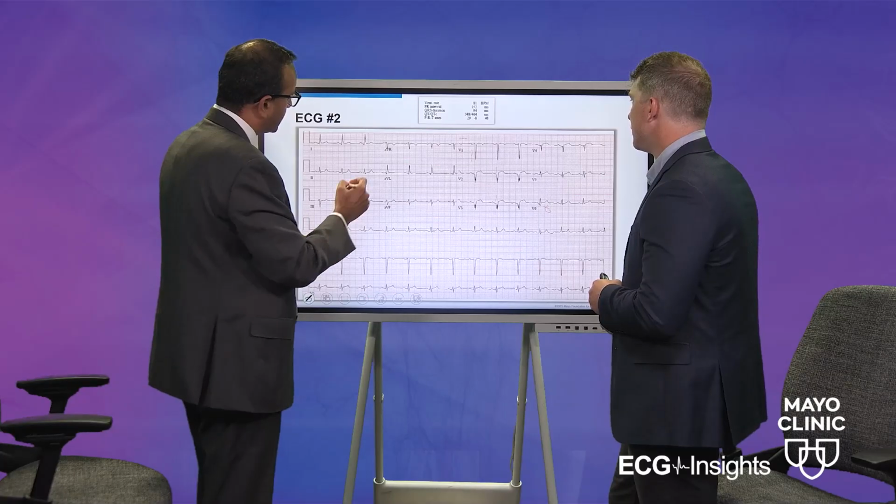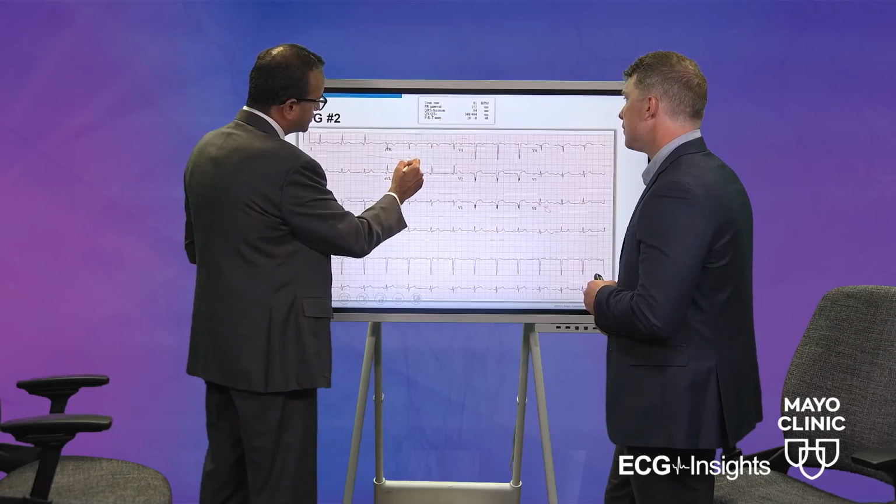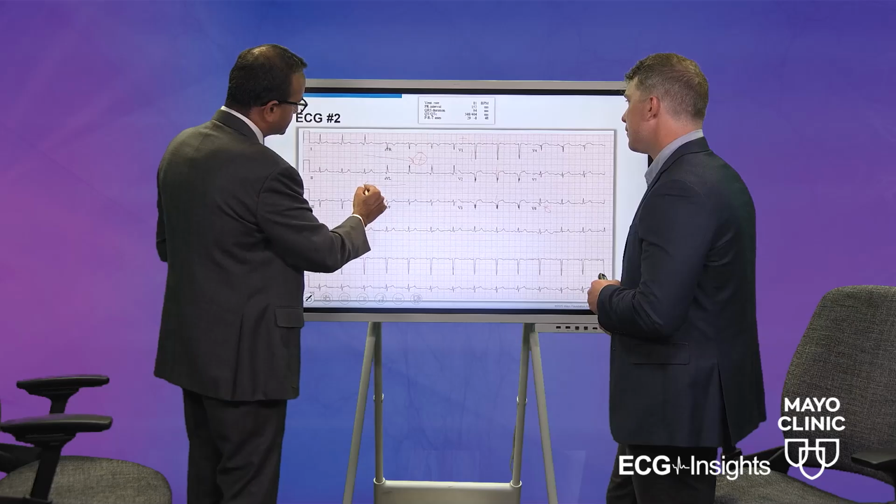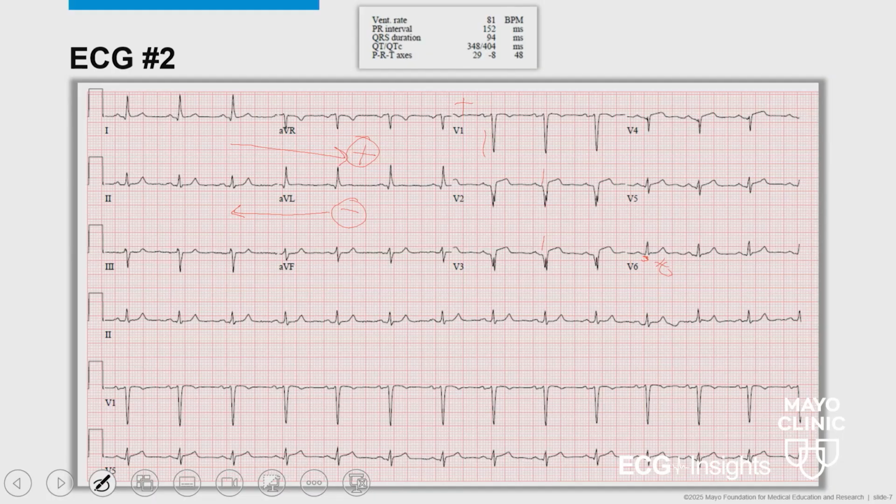And again, if you remember from last time, whenever an activation is going towards an electrode, it makes a positive wave, and whenever an activation is going away from the electrode, it makes a negative wave. So in a patient with an anterior wall MI, the MI is myocardial necrosis. After infarction, the myocardium gets necrosed, transmural infarction. What that means is that this whole thing is dead or scarred up after a period of time.